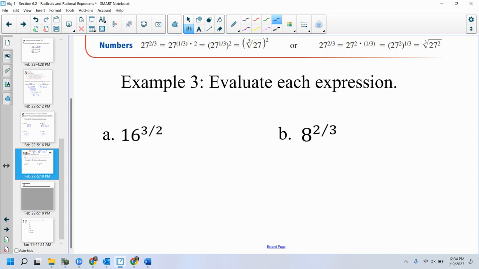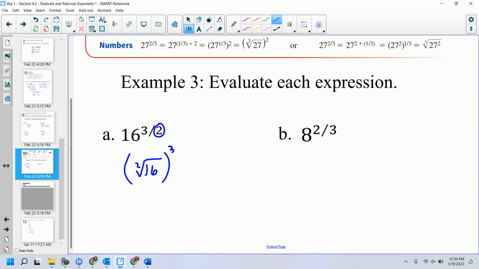All right, taking a look here. What does this really represent? What's this 2 telling us? The root. The second root, or the square root of 16, raised to the what power?